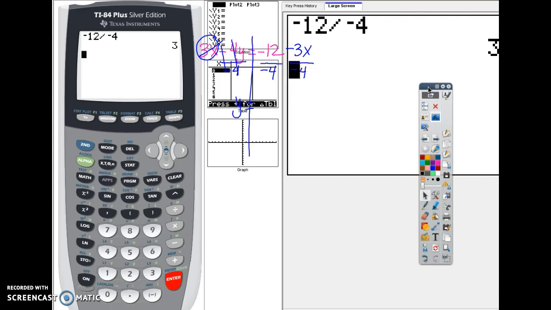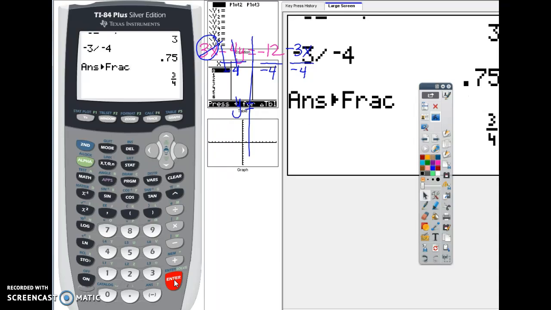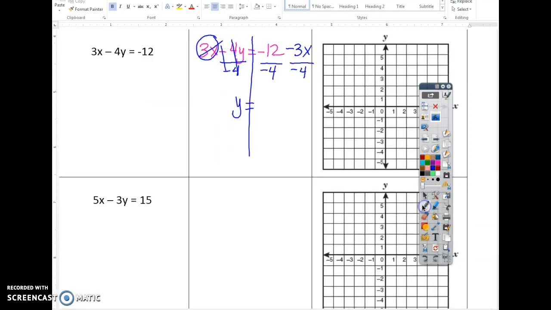And negative 3 divided by negative 4, enter, gives me a decimal. You do math, enter, enter, and it gives you the fraction. So let's write down those answers. This right here gave me a positive 3, and this right here gave me a positive 3/4 x.